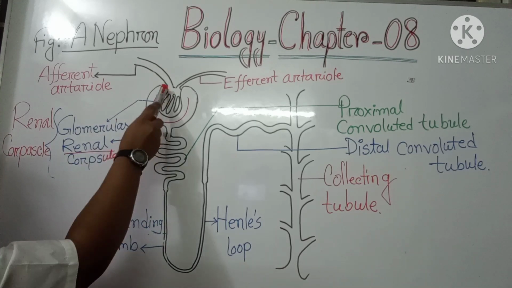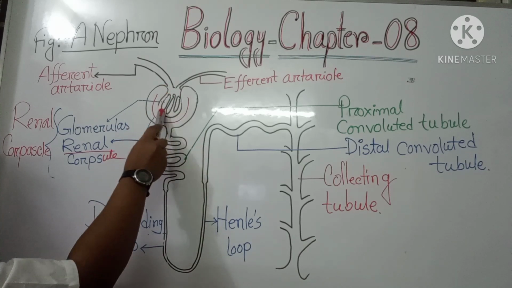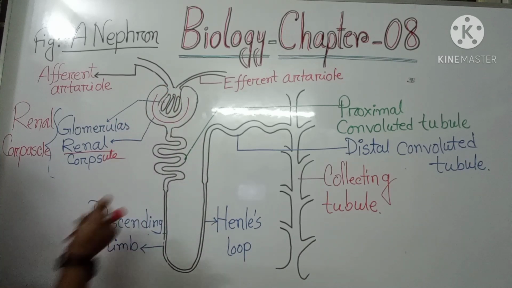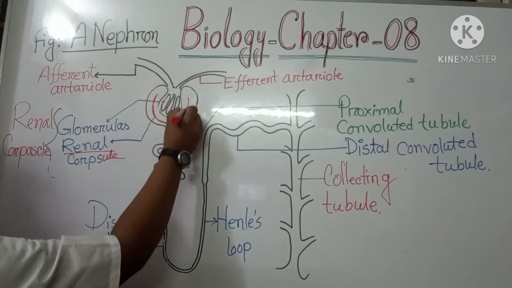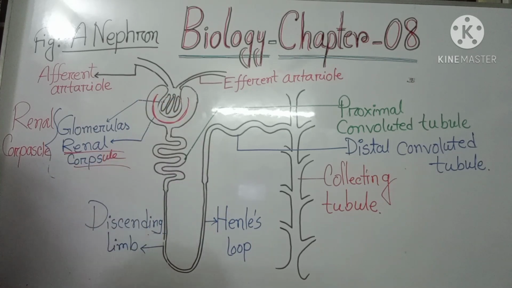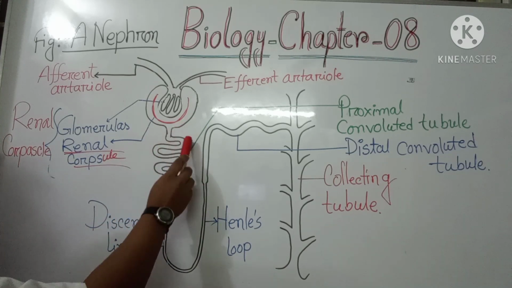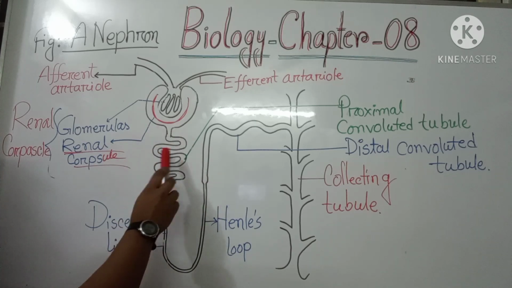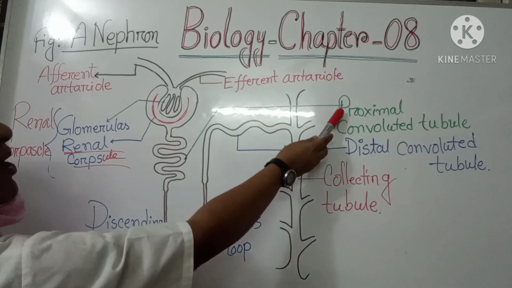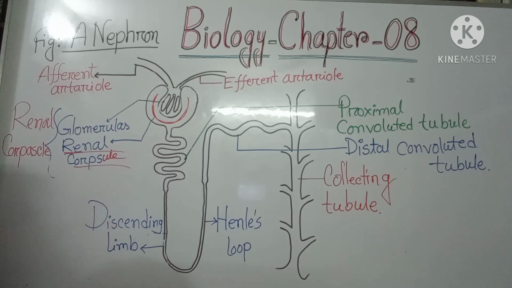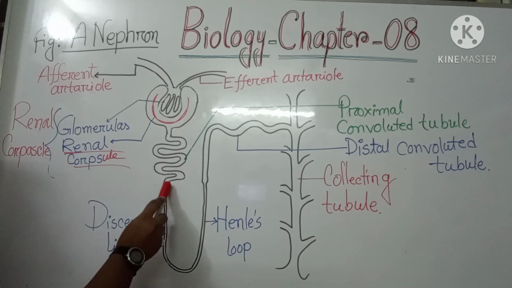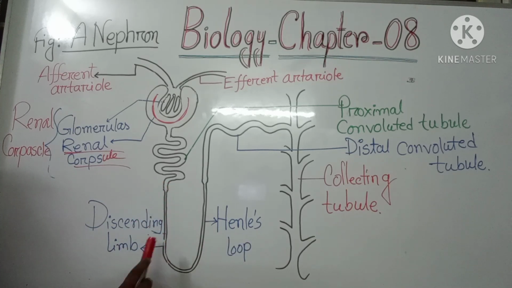This part is called the glomerulus, and the cup shaped part is called Bowman's capsule. After the renal corpuscle, we can see a tube. This is called the proximal convoluted tubule, and after that we can see a U-shaped part. This is Henle's loop, and this one is the descending limb.